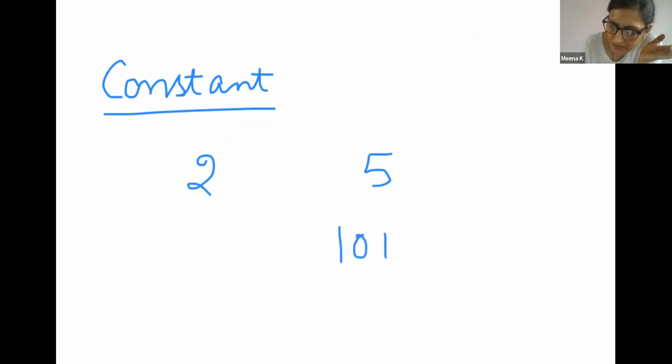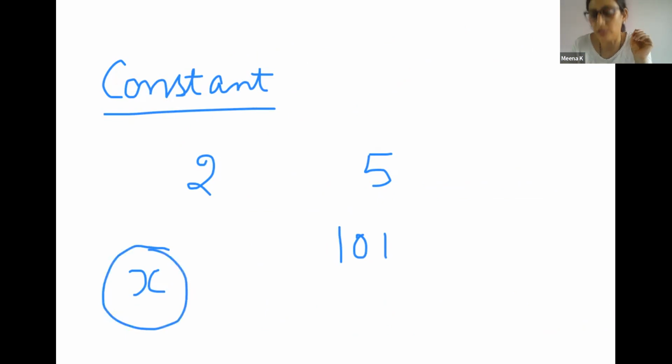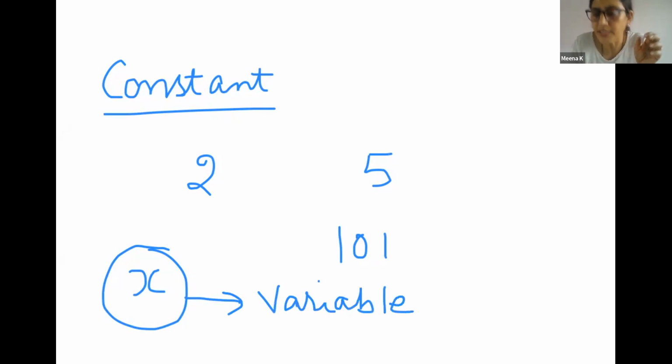If I say x, now it is according to the situation or my choice what value I want to give to x. So this is your variable, which I'm expressing in the form of small English alphabets. Constants, the value remains unchanged. Children, do you understand the difference between variable and constant? Clear to everyone? Right.